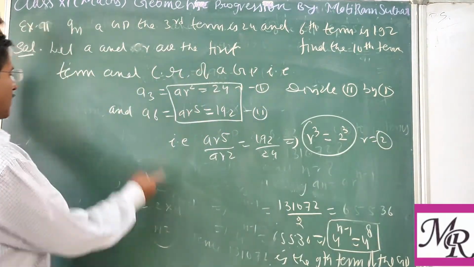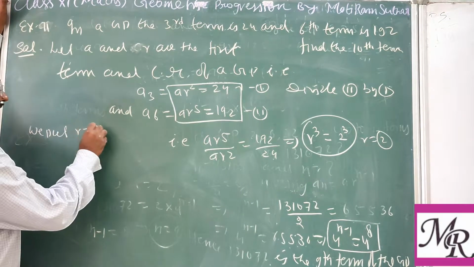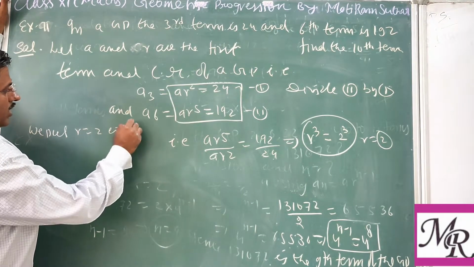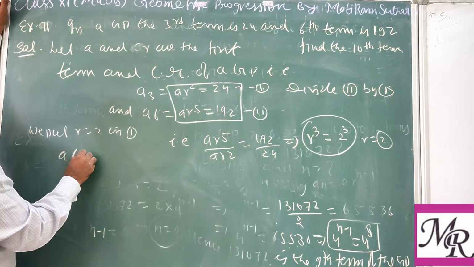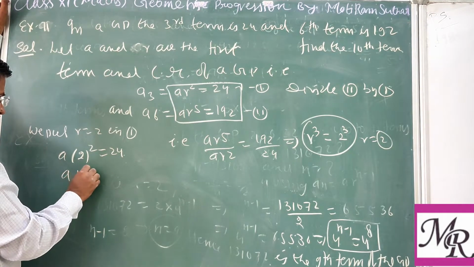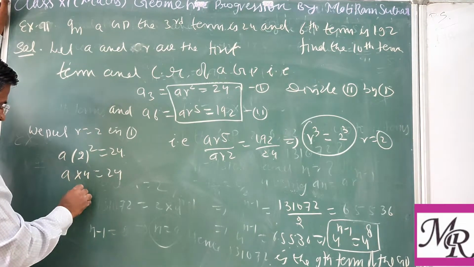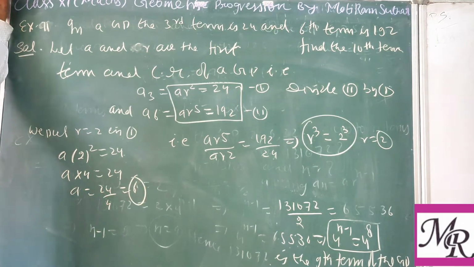Now this value of R, we put R equal to 2 in equation 1 to find the value of A. A into 2 power 2 equal to 24. A into 4 equal to 24. So A equal to 24 by 4, which is 6. So in this way one can find the value of A as 6.